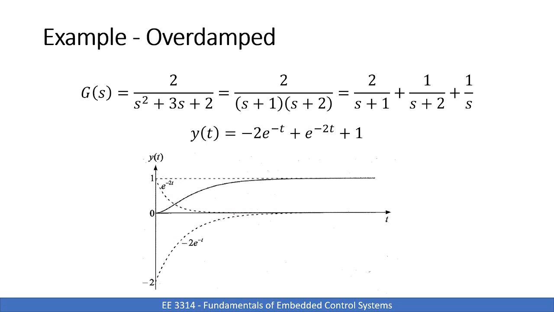Add those two together and you get something that looks like this response. So you can see no oscillation; it's overdamped. We could calculate the rise time here, we could calculate the settling time, but there's really no overshoot or peak time associated with this.